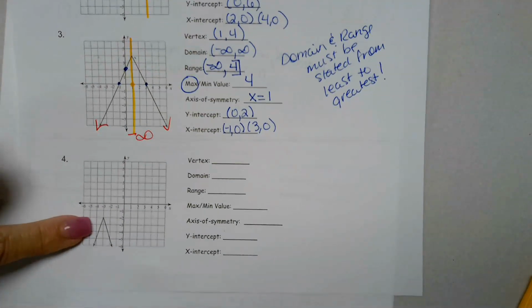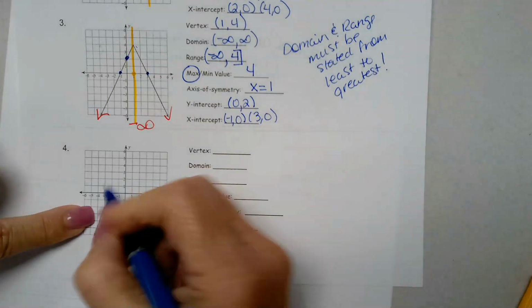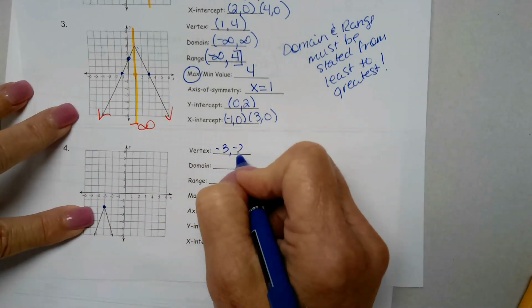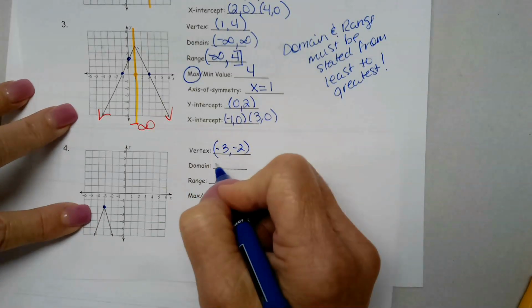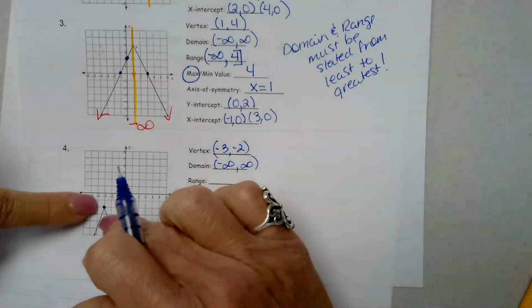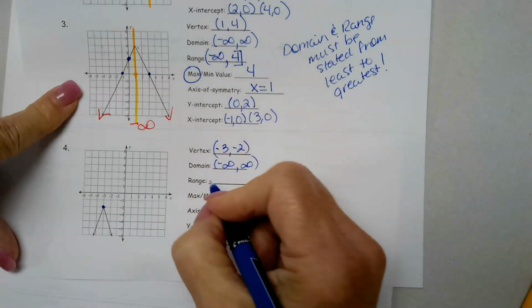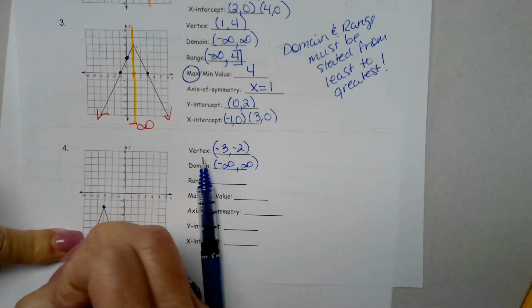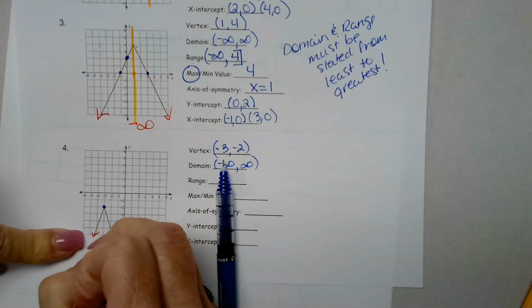Our very last problem, our vertex, -3, -2. Our domain, negative infinity to positive infinity. It still expands left and right. Our range is headed towards negative infinity right down here.